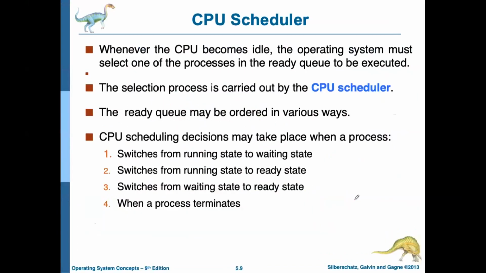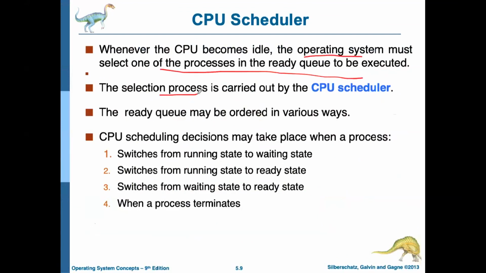CPU scheduler. Whenever the CPU becomes idle, the operating system must select one of the processes in the ready queue to be executed. The selection process is carried out by the CPU scheduler. The ready queue may be ordered in various ways.